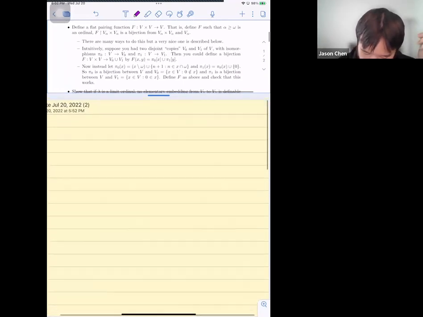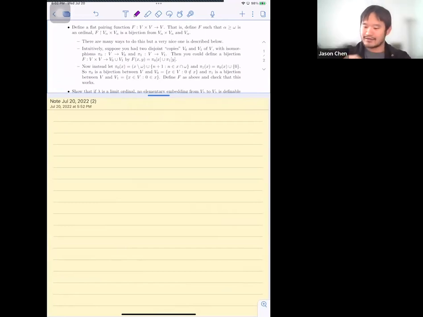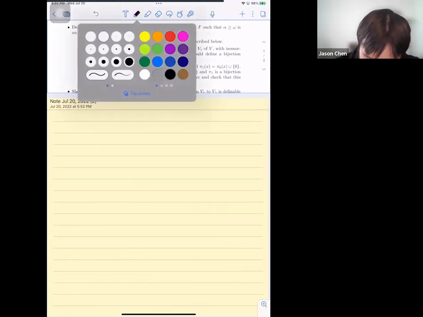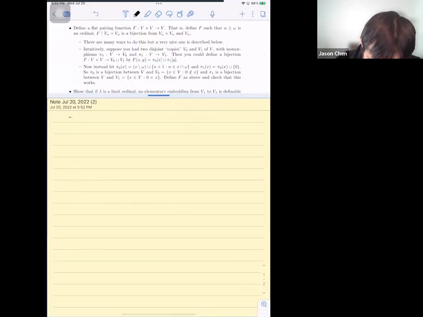So the flat pairing function, this is kind of routine. If you read, I think the Kunen book is there as well. I'm not gonna write out the full proof. In the Kuratowski definition, the ordered pair XY is defined to be, if I remember correctly, this guy.